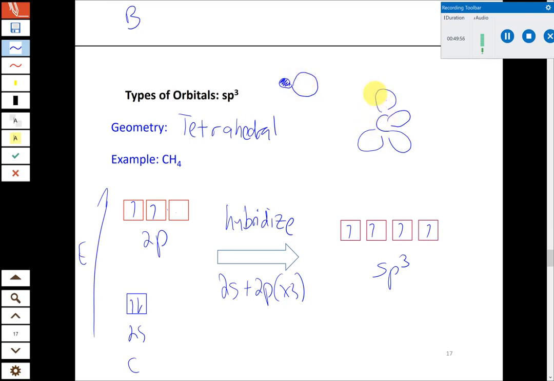But then the set of hybrid orbitals that you make, their geometry is going to be correlating with the geometry of the molecule that you're forming. So if you're forming CH4, which is tetrahedral, you're going to make 4 identical sp3 orbitals that are arranged 109.5 degrees from each other around the central atom, and then those would overlap with the hydrogens to make the 4 identical bonds.